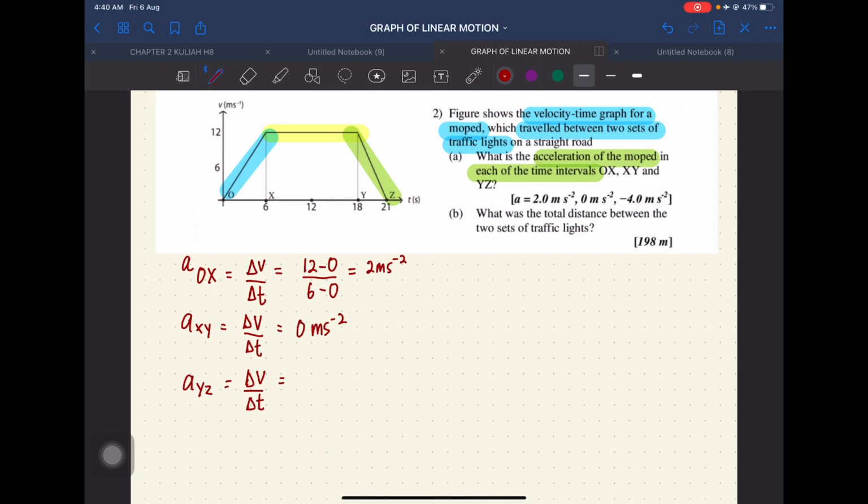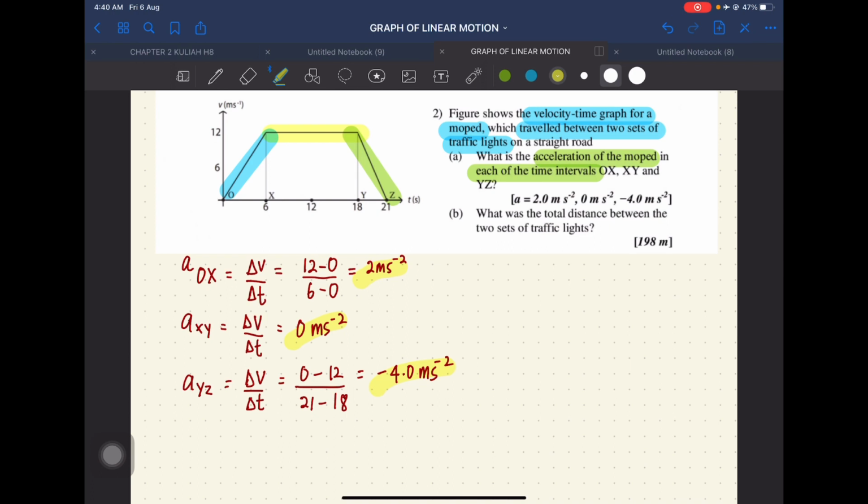Final minus initial. So 0 minus 12 divided by 21 minus 18. So you will get negative 4.0 meter per second squared. Okay, so you have the answer for each section: 2 meter per second squared, 0 meter per second squared and negative 4 meter per second squared.